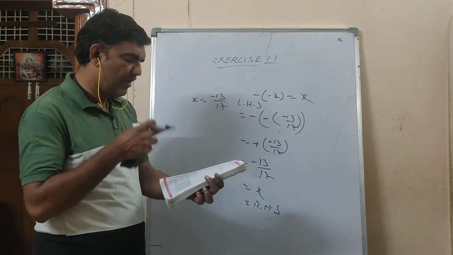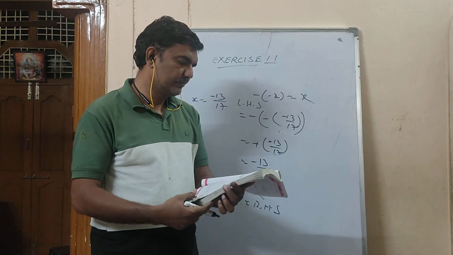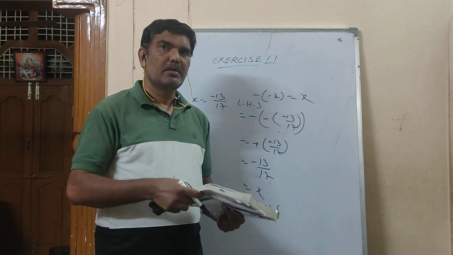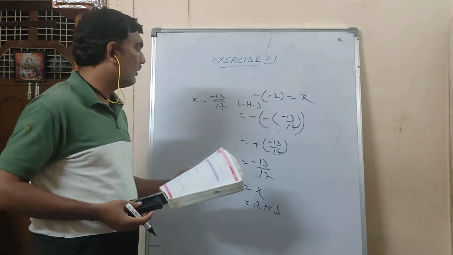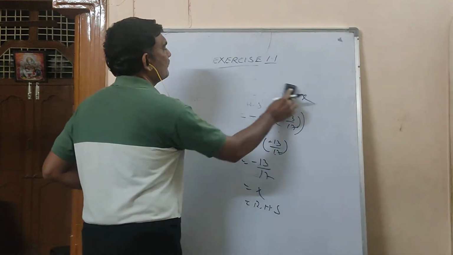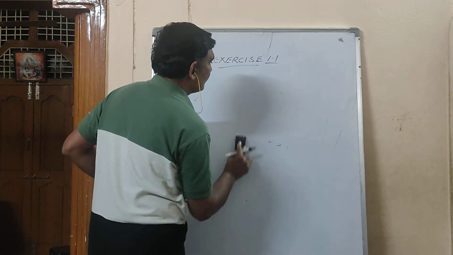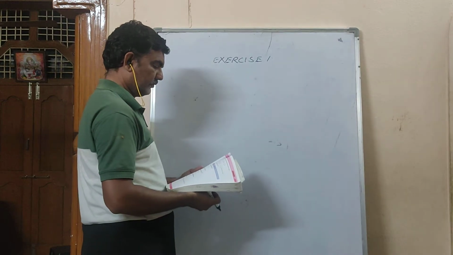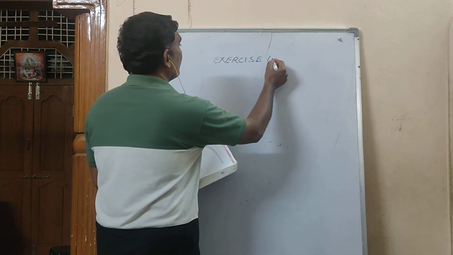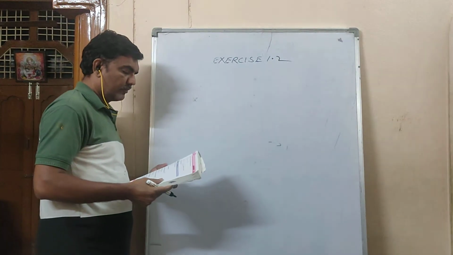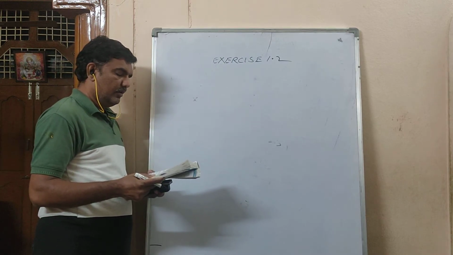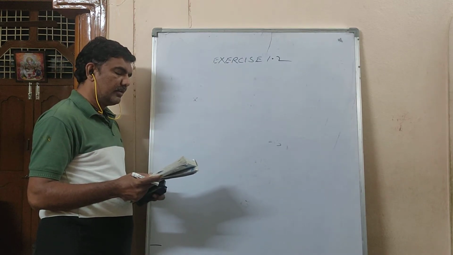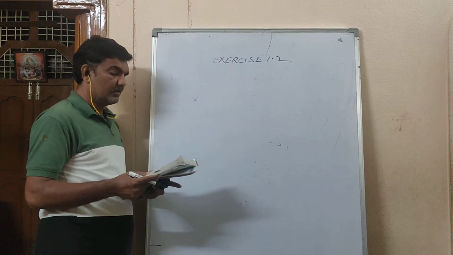Now we'll go for exercise 1.2. Okay, here representing rational numbers on the number line.